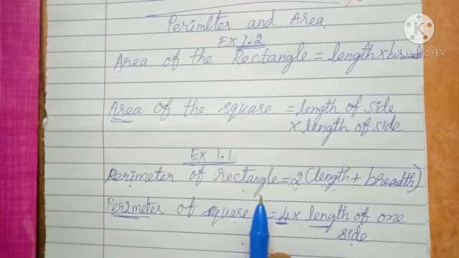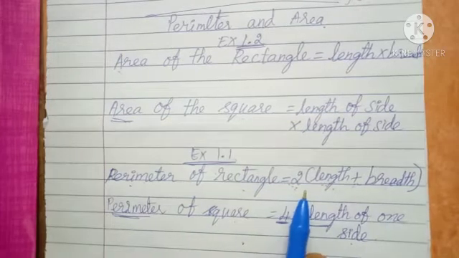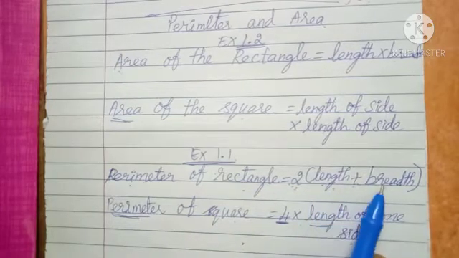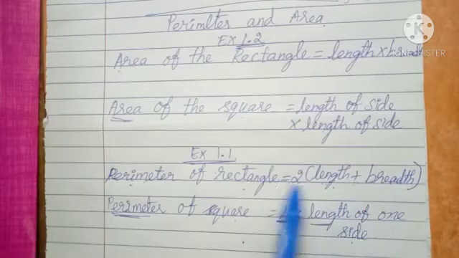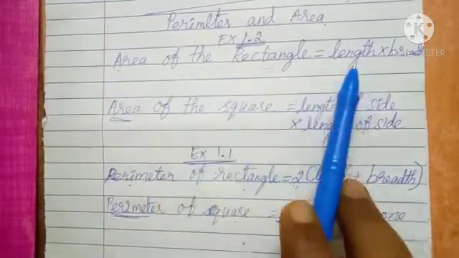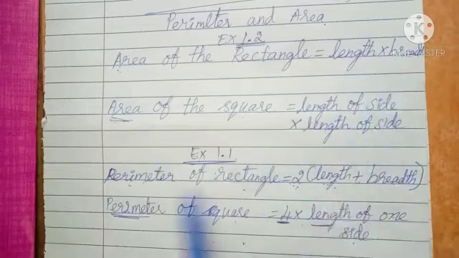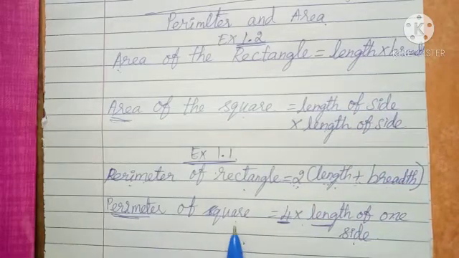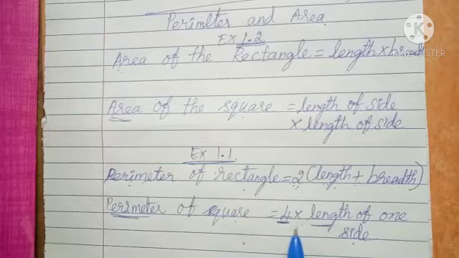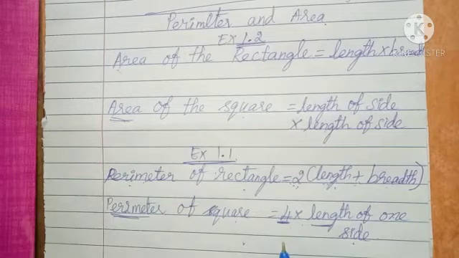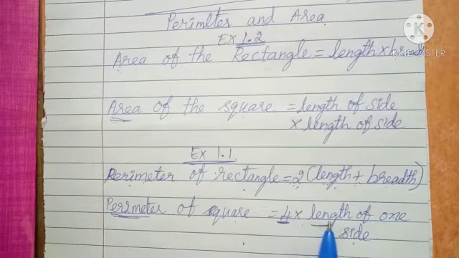Perimeter of rectangle equals 2 multiply length plus breadth. But area of rectangle is length multiply breadth. Then the next one, perimeter of square equals 4 multiply the length of one side. Only one side is given to you, so multiply by 4.